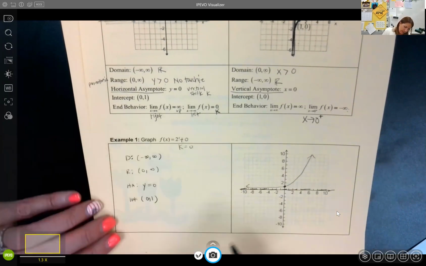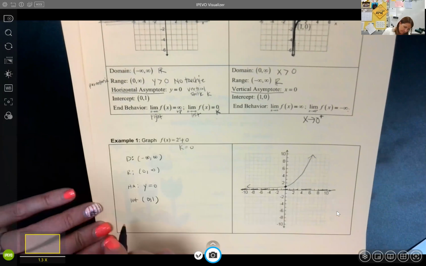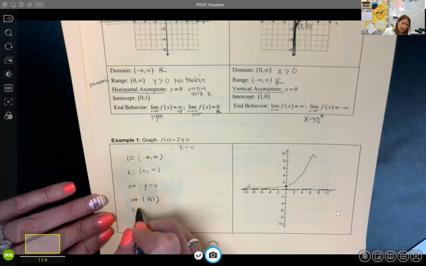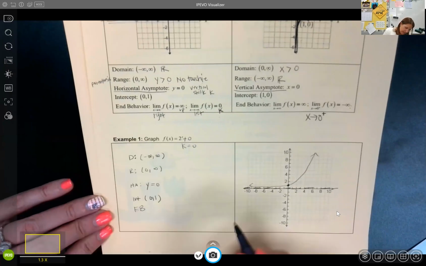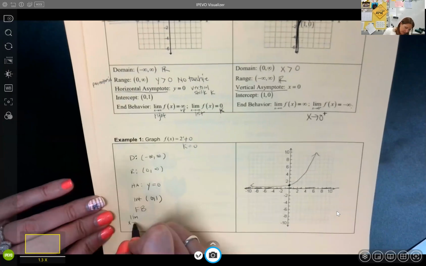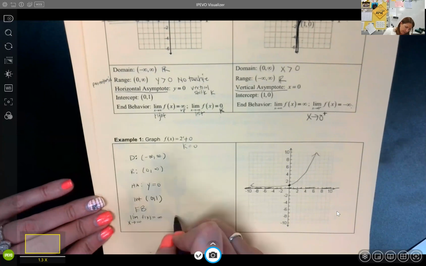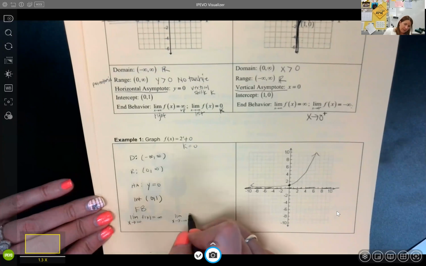And then if I describe the end behavior here, I would say the limit as x approaches positive infinity, so this means the right leg, and the right leg is going up. And then the limit as x approaches negative infinity, this is the left leg.